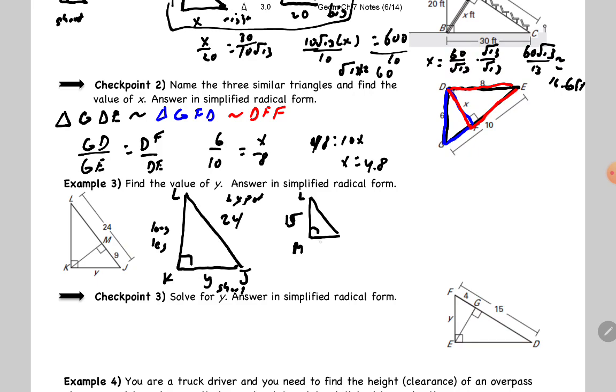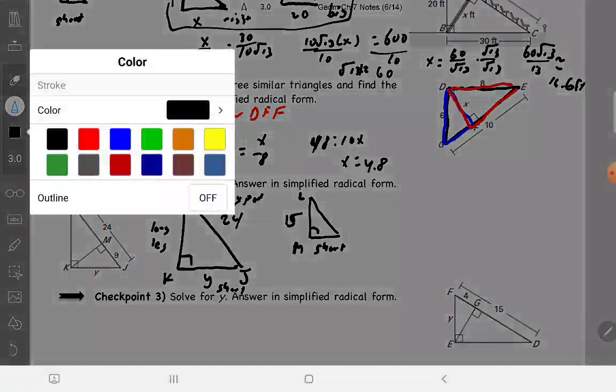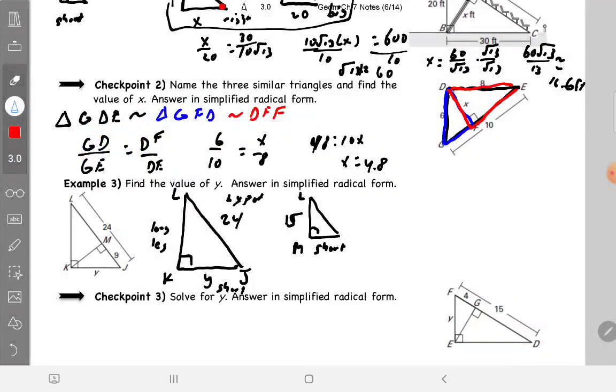Okay, and then lastly, the short leg, we don't know. And then lastly, let's look at the right triangle. So again, long leg, short leg. Maybe I should use colors. So red here.